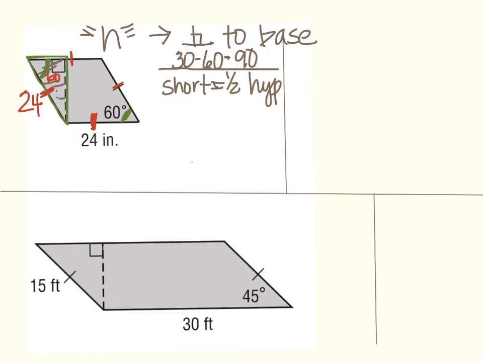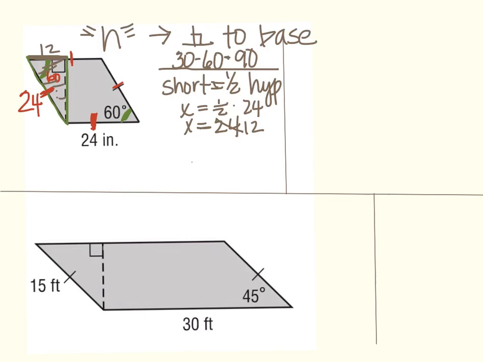That's one of our formulas. The short's half of the hypotenuse, so the short, which we don't know, is half of 24. So x is 12. So that means that this little piece right here is 12, okay?